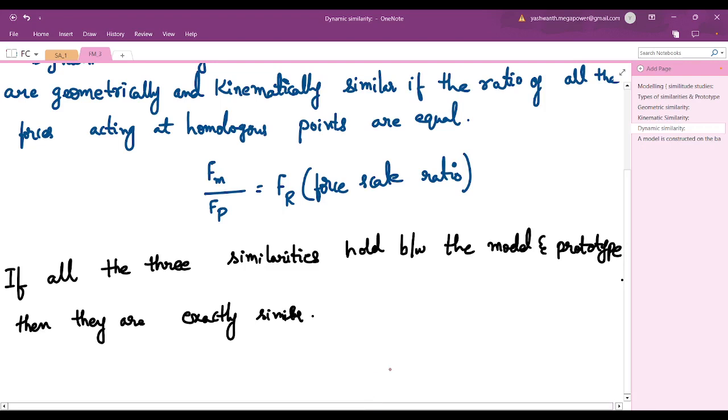Is that exactly similar at the end? Yes, they are exactly similar. Okay, I got that.